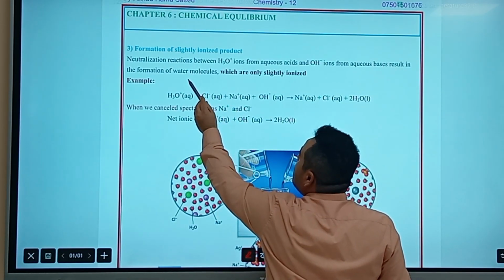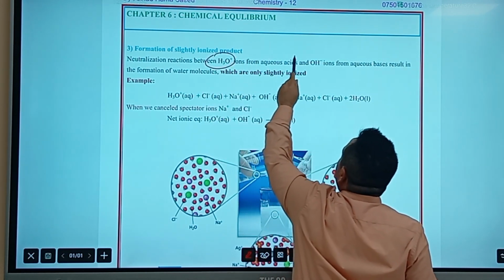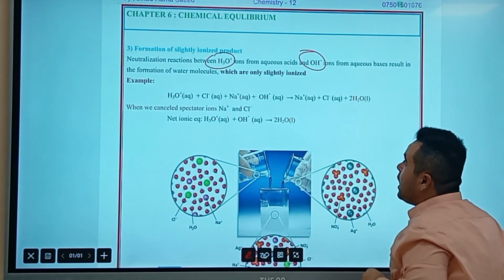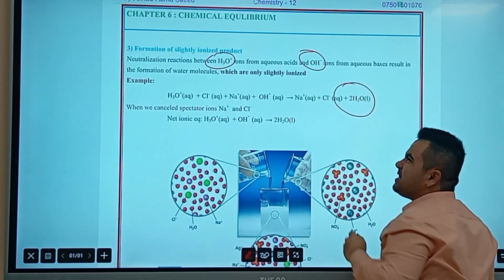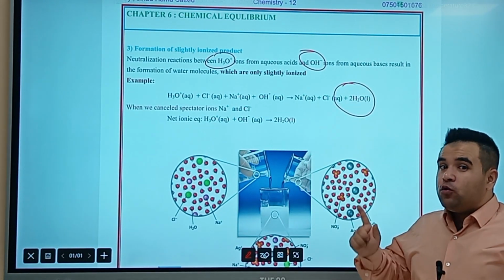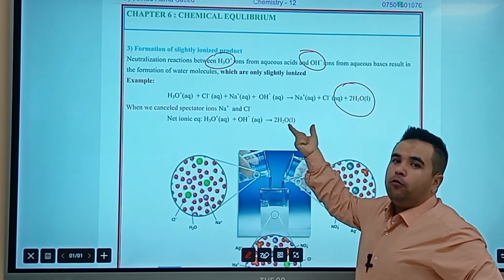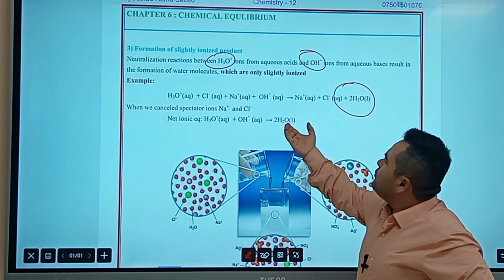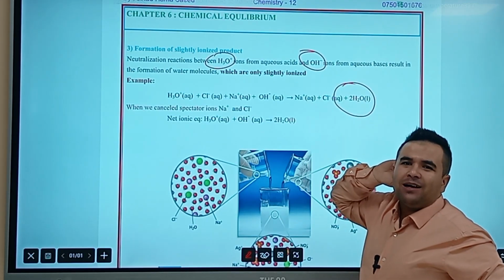Guys, you may remember that neutralization reactions, which were the reaction of hydronium and hydroxide, formed H2O. H2O in the reactions is a slightly ionized molecule. If a slightly ionized molecule is formed, this slightly ionized molecule has little tendency to go back to form the reactant.